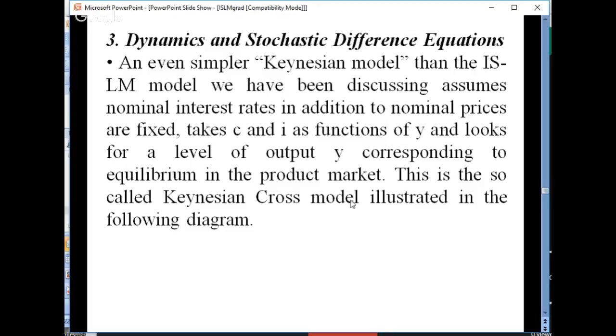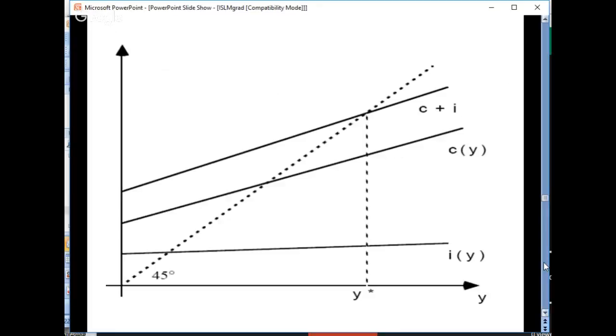This is the Keynesian cross, that if you did the undergraduate lectures last week, you would have seen. So here we have Y on this axis and C plus I on this axis.